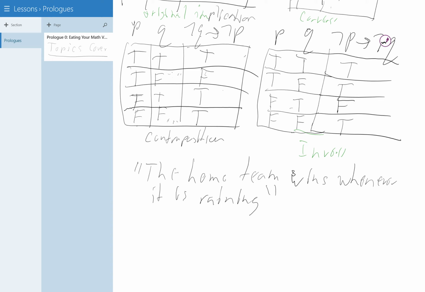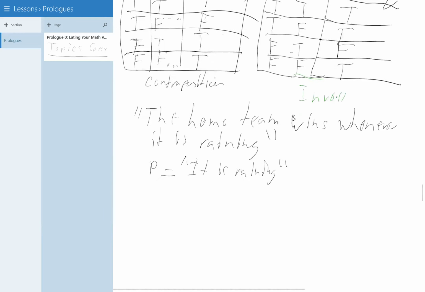So now, based on that, let's go back to this sentence. The home team wins whenever it is raining. This is actually a P implies Q statement. In this case, P equals it is raining. And actually, you should be doing this yourself, so you should pause the video. Even if I don't tell you, it's always good to pause the video and try it yourself, because you have the knowledge to do it.